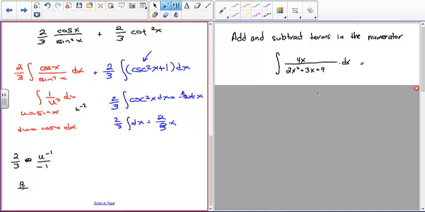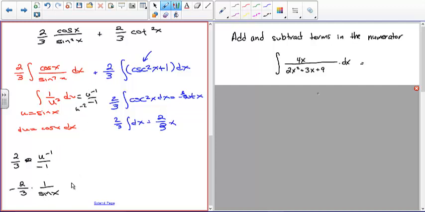So you get negative 2/3 times 1 over the sine of x, because the integral would be u to the minus 1 over negative 1, so the negative is there, and sine of x to the minus 1 is 1 over the sine of x.